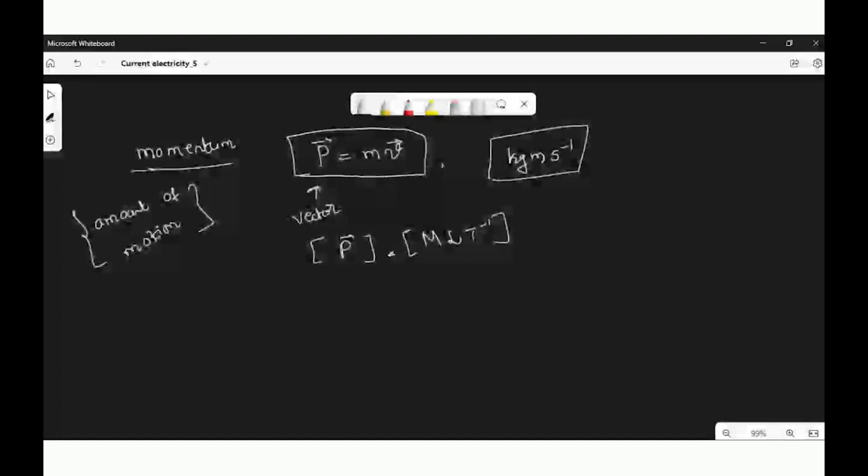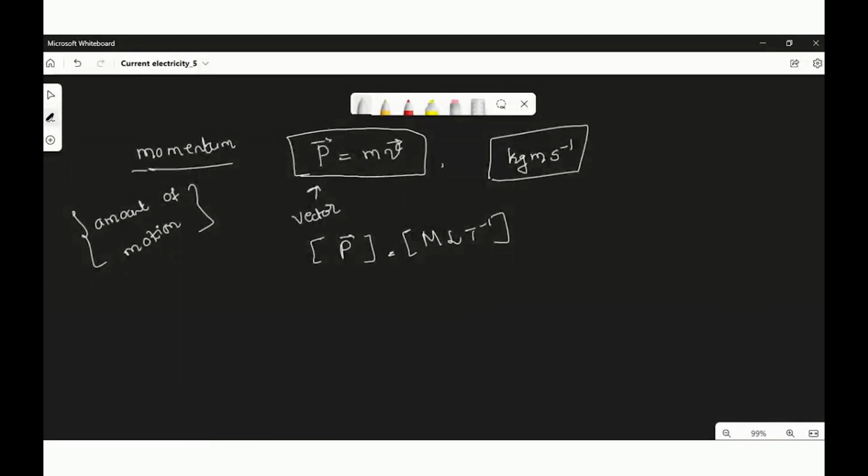The bodies are different, but we apply the same force for the same time, so the change in momentum is going to be the same. So the important statement is: the rate of change of momentum of a body is directly proportional to the applied force, and it takes place in the direction in which the force acts.